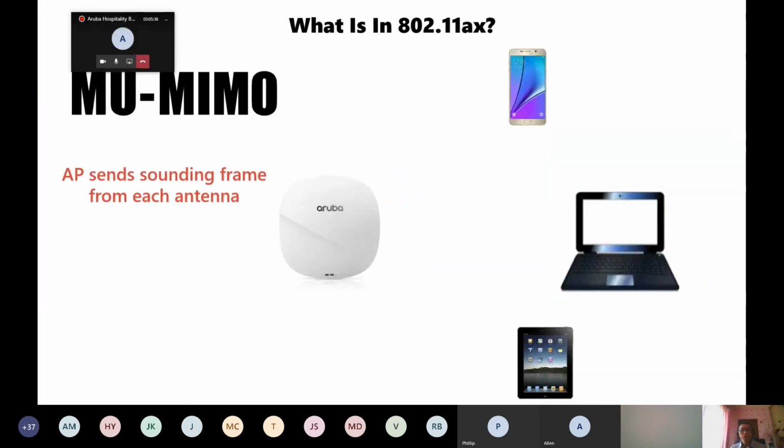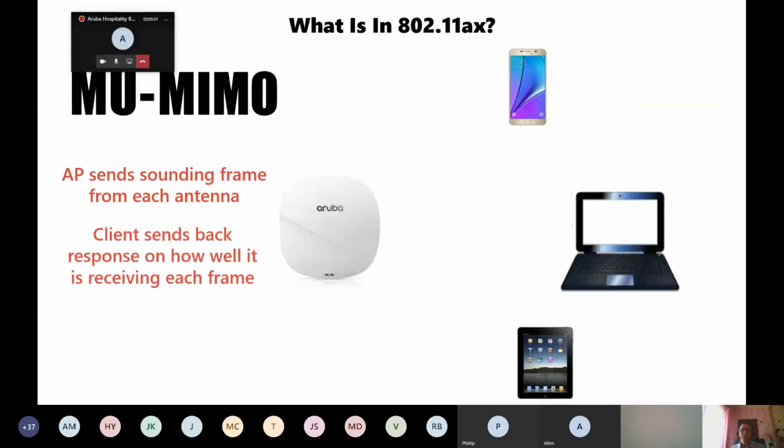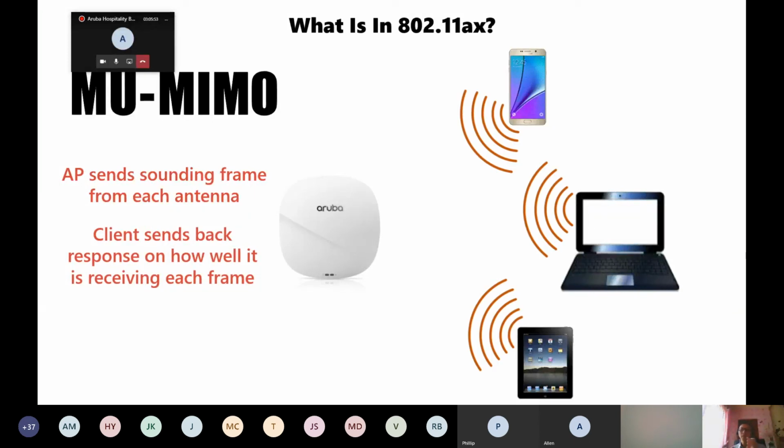But in order to do that, the AP needs to know where the users are in space. To do that, it sends what is called a sounding frame. It's not really a signal, but a frame used more like a measurement. The clients then report back, saying, I'm receiving this signal at this level, what's the amplitude?